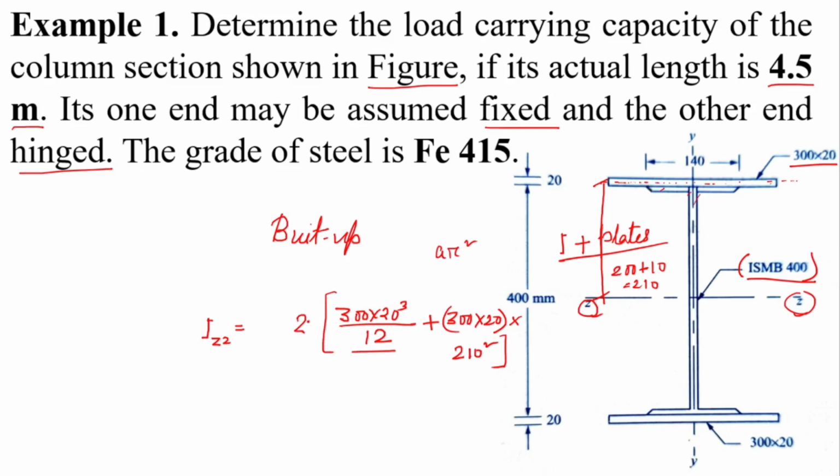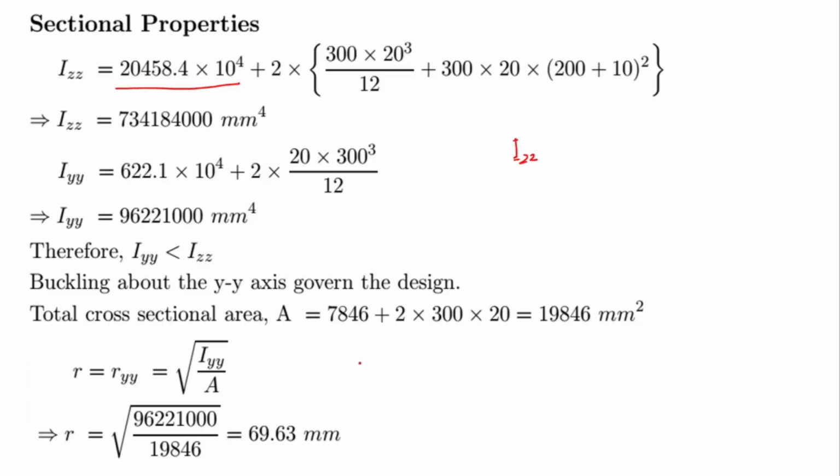So if I multiply with 2, this is the moment of inertia of both top and bottom plates about the centroidal ZZ axis of the whole cross section. So I have written here, which is summed up with IZZ of the I section. So finally we shall get the value of IZZ is 734,184,000 mm to the power 4.